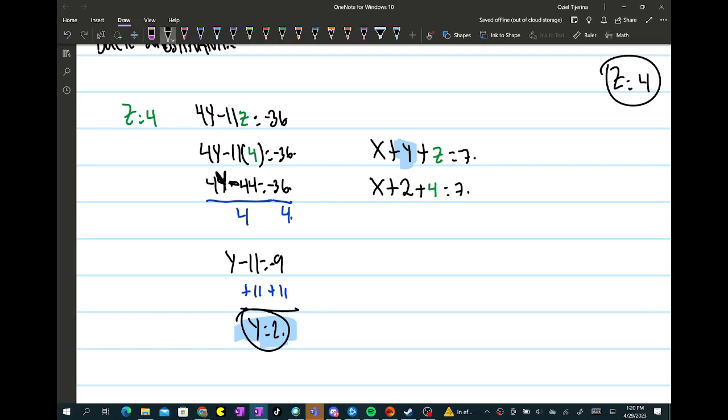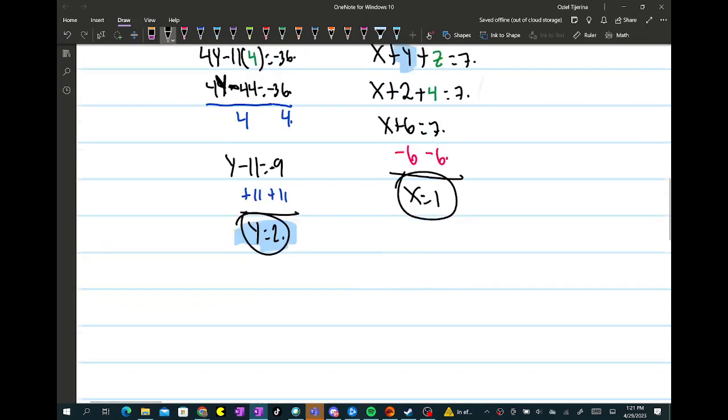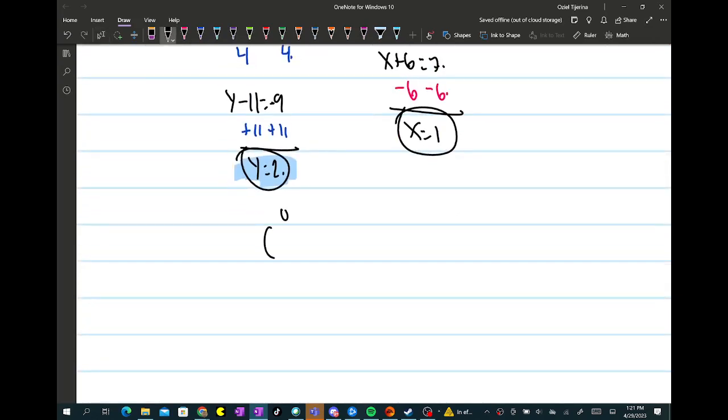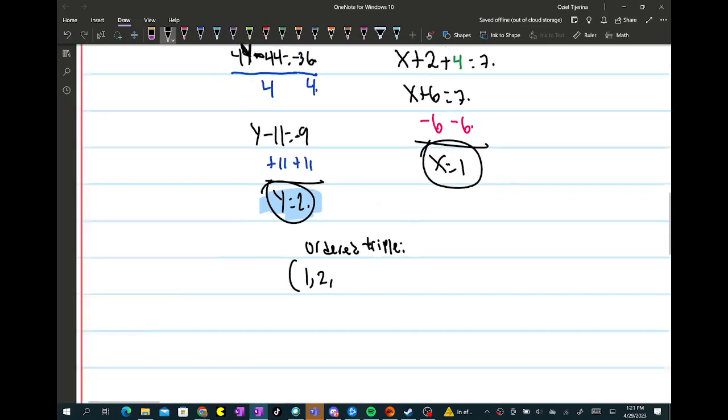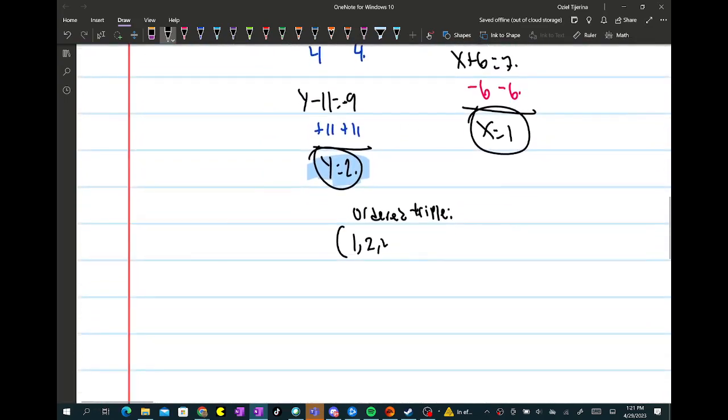So then we have x plus 6 equals 7, and then finally minus 6 on both sides, and we get x equals 1. So our ordered triple is 1, 2, and 4.